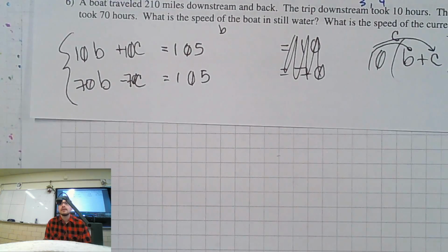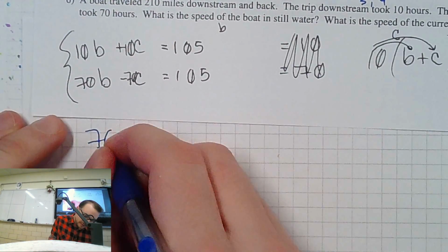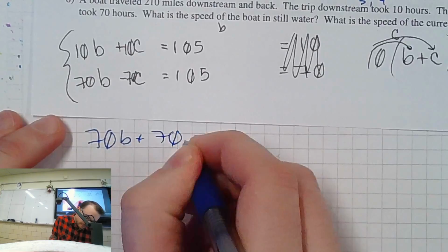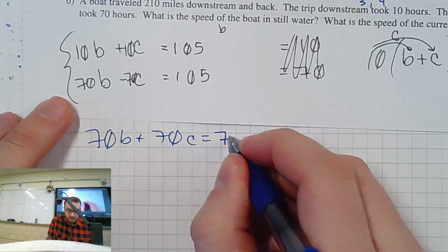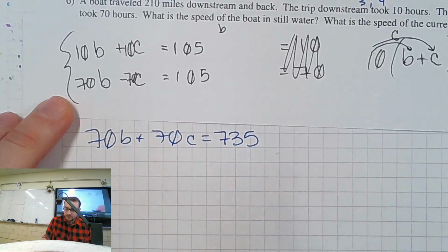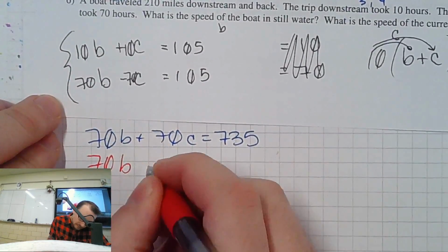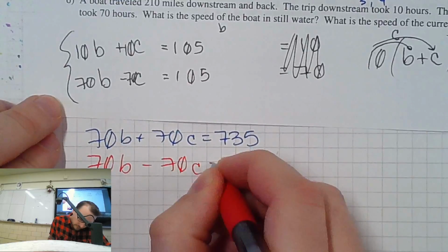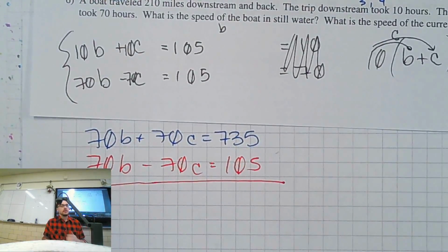So, elimination. How are we going to make these match up? Multiply the top by 7 and we get this. 735. The bottom one we keep the same. Add or subtract, what do you want to do?